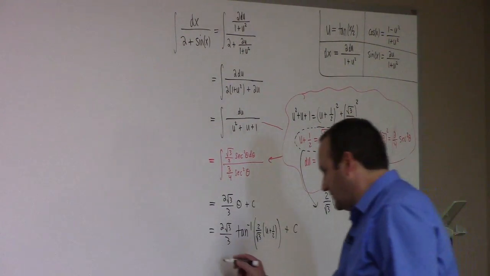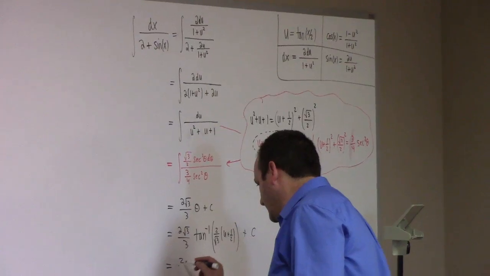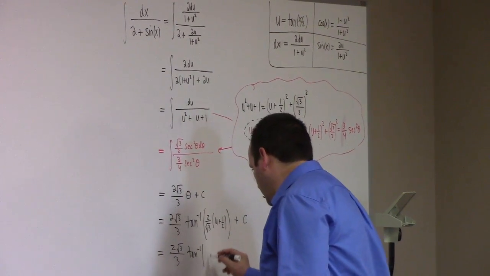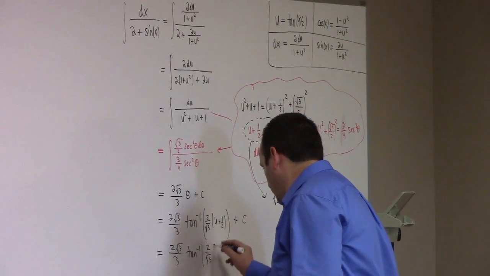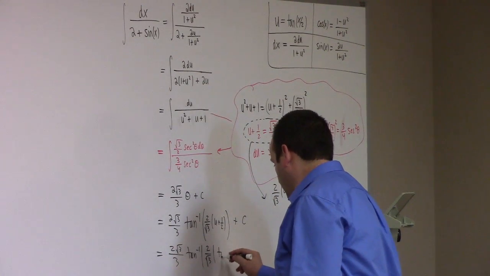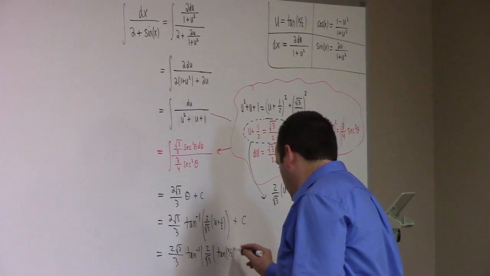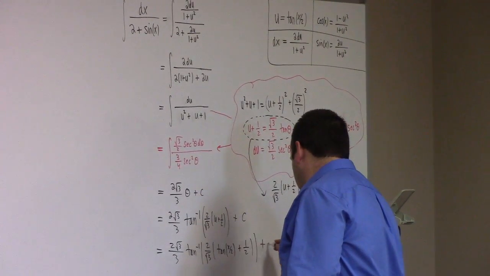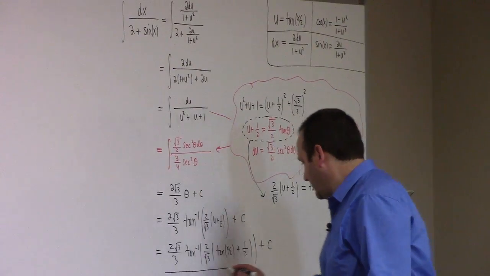Yep. 2 root 3 over 3 inverse tangent of 2 over root 3 times tangent of x over 2 plus 1/2 close parenthesis plus constant. There you go.